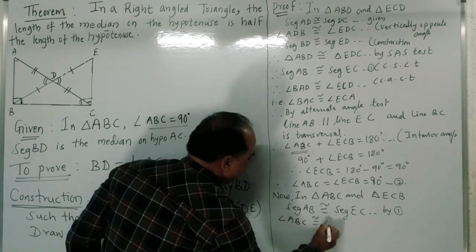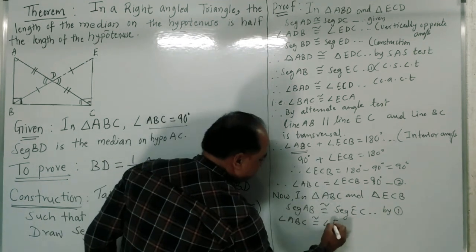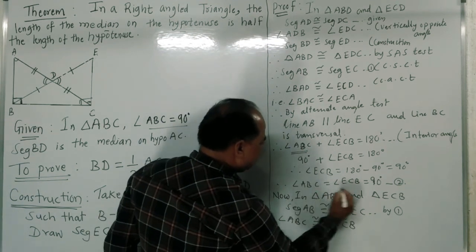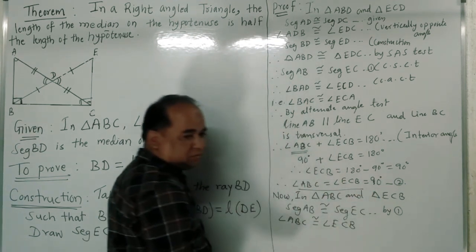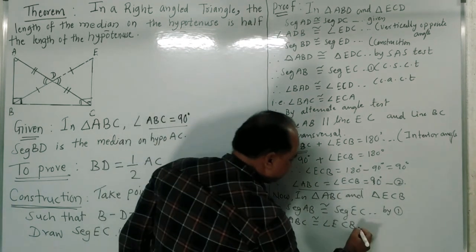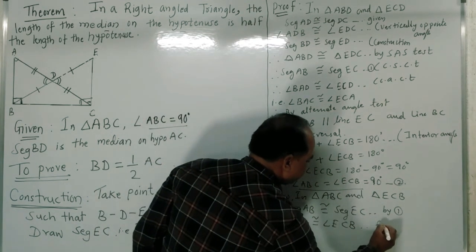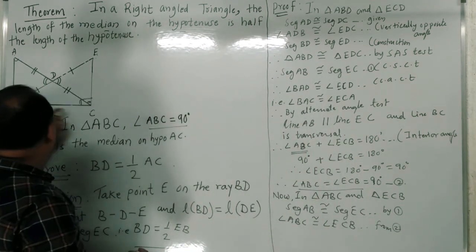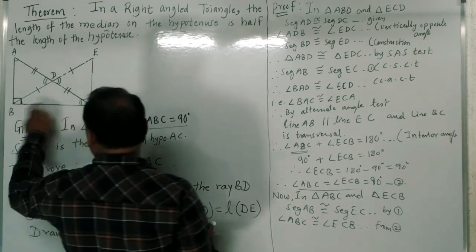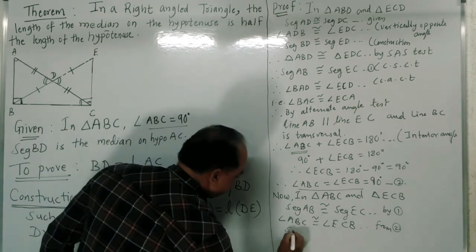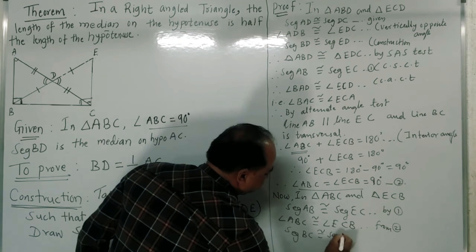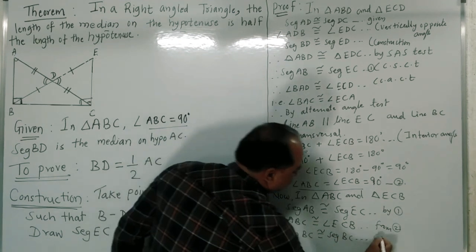Angle ABC is congruent to angle ECB from the second statement. And segment BC is congruent to segment BC, that is common.